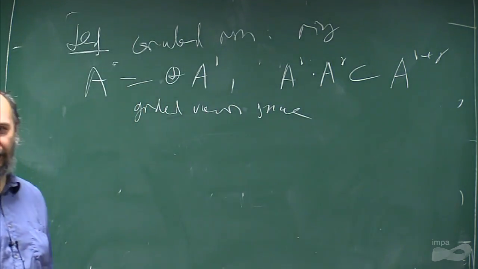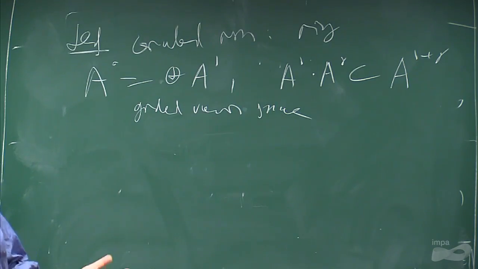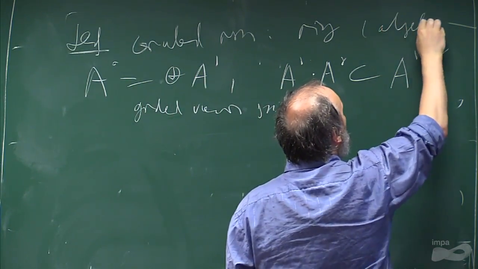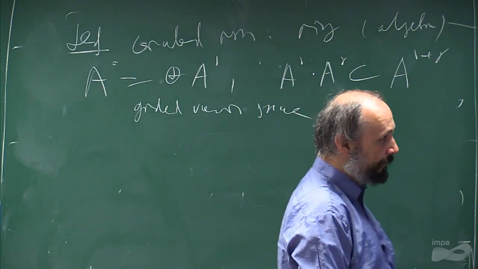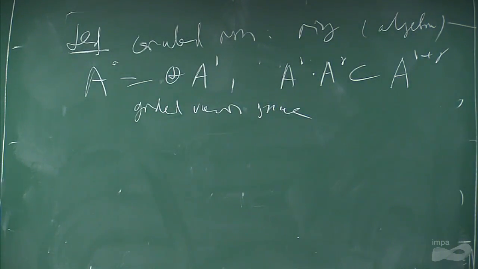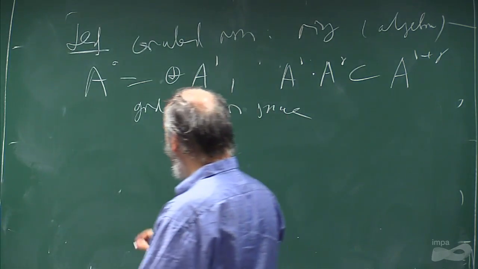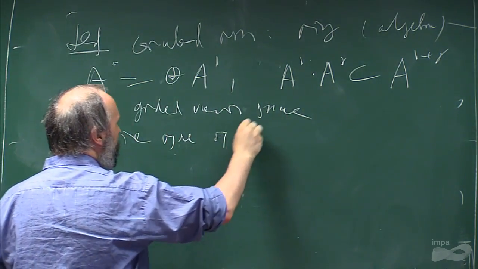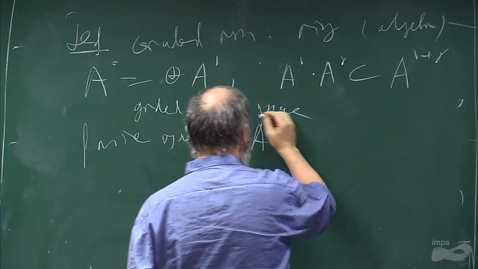Of course, the ring structure should be compatible with the vector space structure, so it's actually an algebra. But if it's not a vector space, you can do that with rings. It's the same. And it's of finite type if all A_i are finite-dimensional.